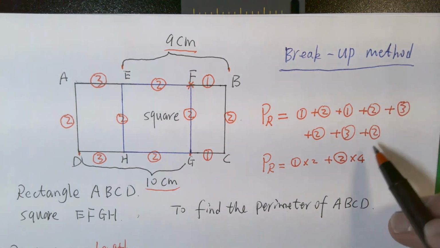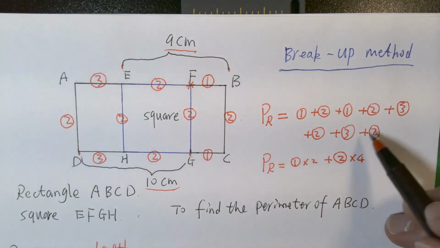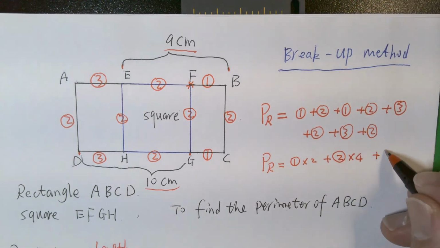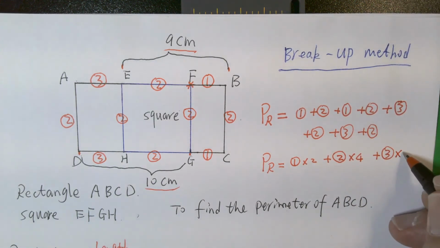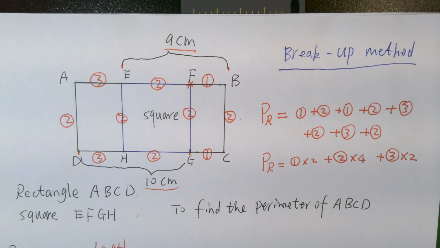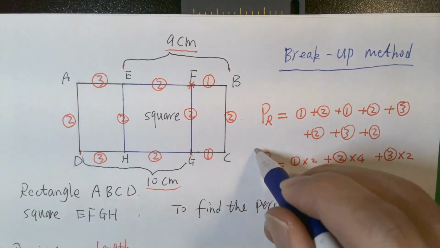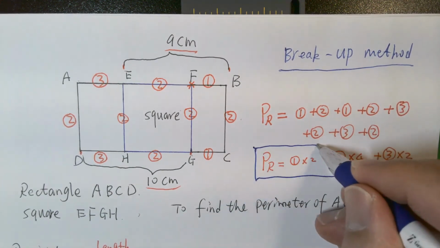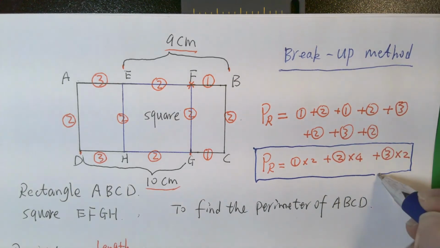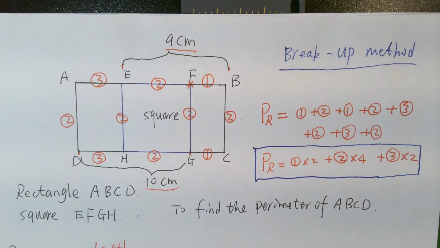How about 3? You have 3 here, 3 here, plus unit 3 times 2. Okay. Now, let's remember this. This is the formula for the perimeter of rectangle ABCD.